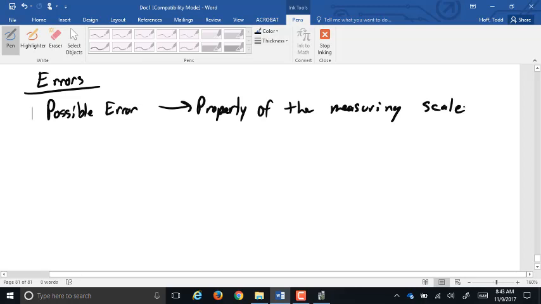Remember, scale is a term for any time you have those regular markings on something that you're using to measure, like a ruler. A ruler technically is a scale. It's marked out spaces. And that possible error was just 1/2 of that smallest division. That smallest division was the degree of precision. So it was the 1/2 of the degree of precision.